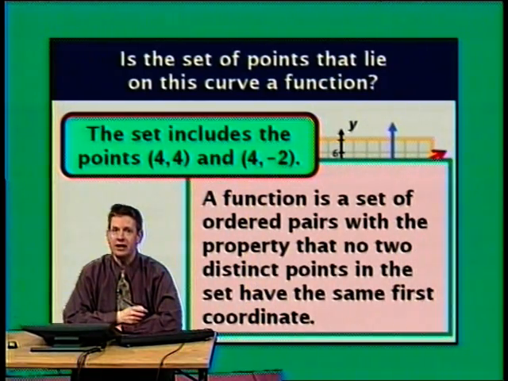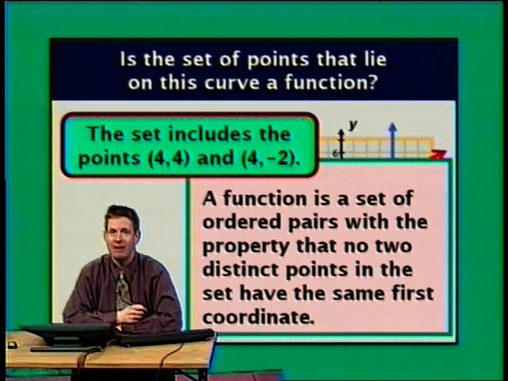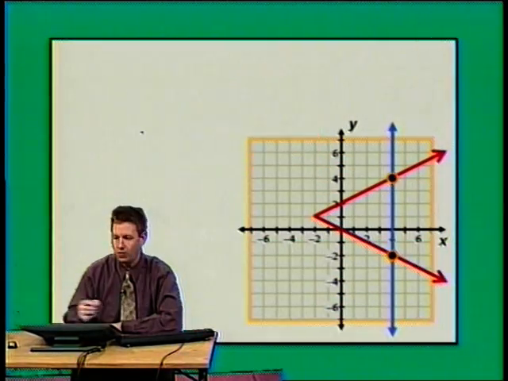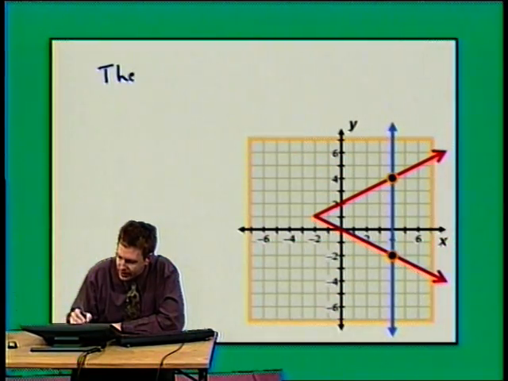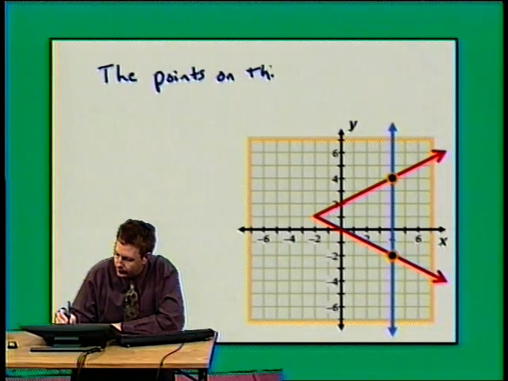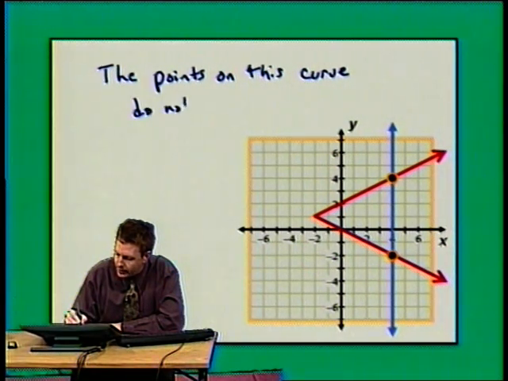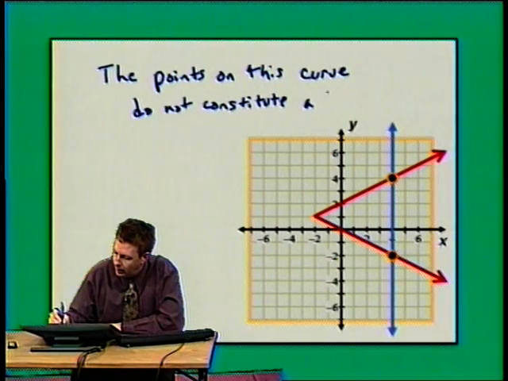And a function is a set of ordered pairs with the property that no 2 distinct points in the set have the same first coordinate. Consequently, the points on this curve do not constitute a function.